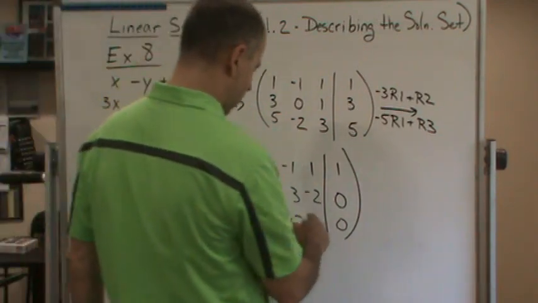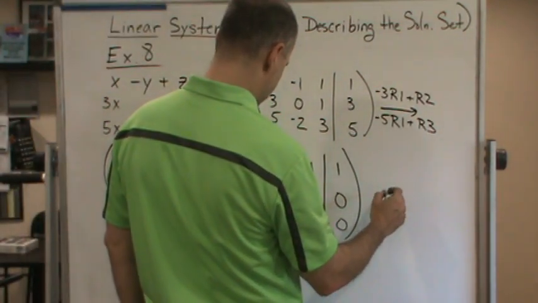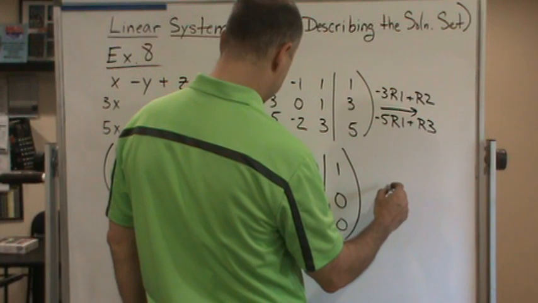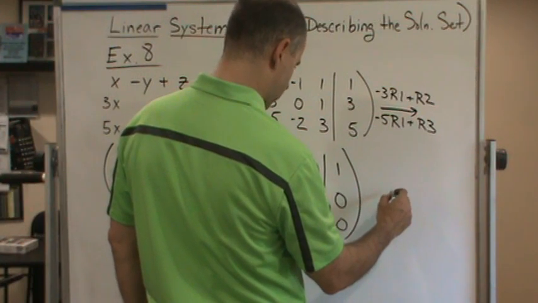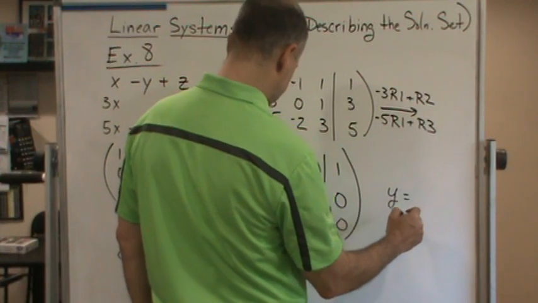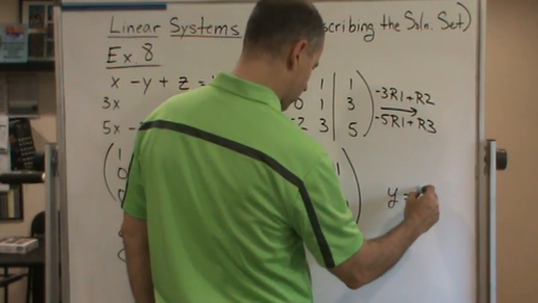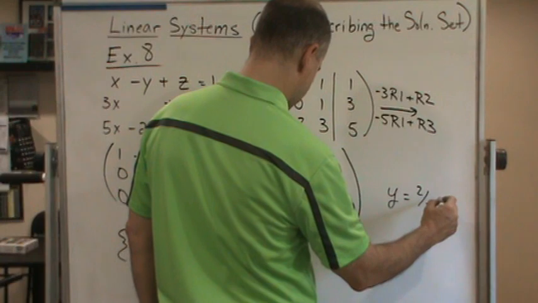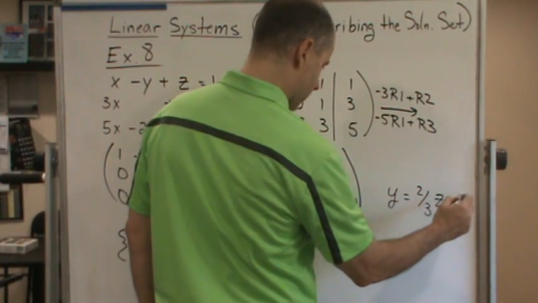So how do we solve this? This is going to give us what? Y is going to equal 2/3 Z.